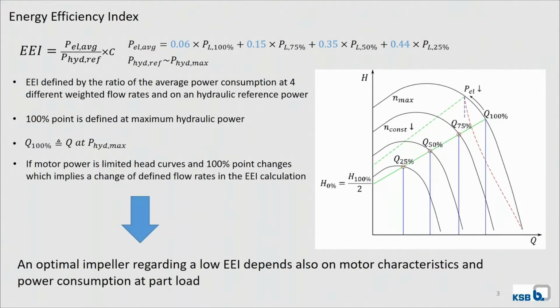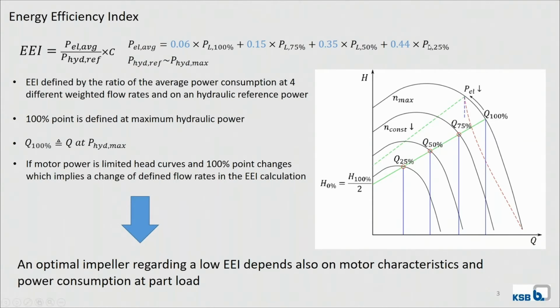And this means for an optimal impeller regarding a low EEI depends also on the motor characteristics and on the power consumption at part load. Yeah, this is the main point here. It's a very open system.